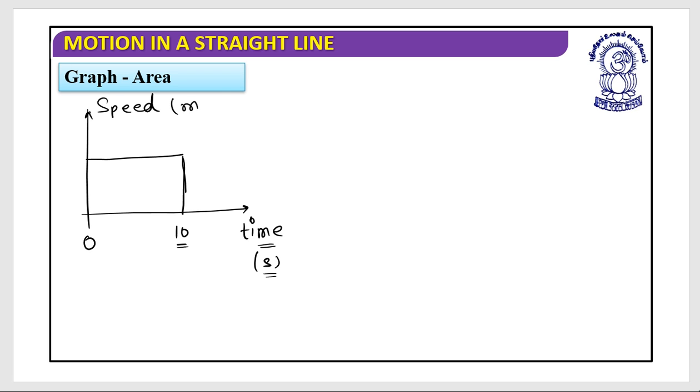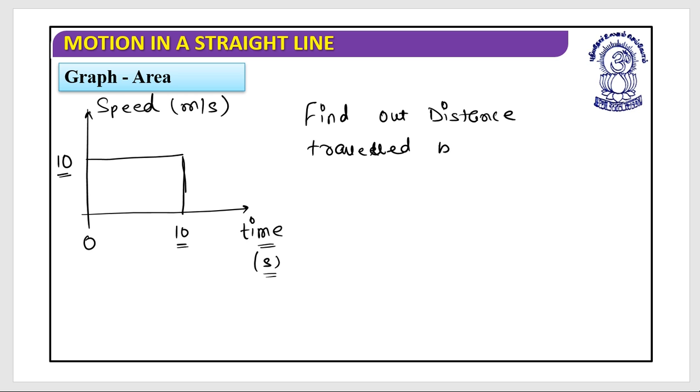And let's say the speed would be in meters per second. This is 10 meters per second. And what you need is to find the distance traveled by an object.